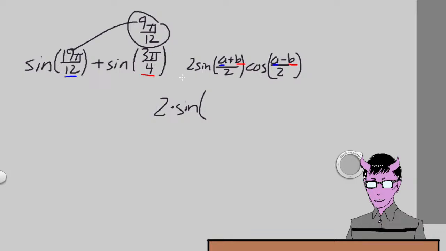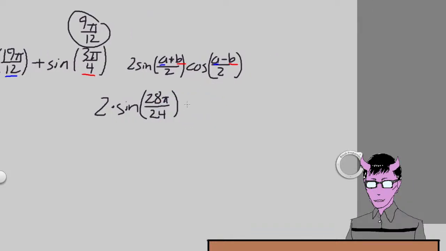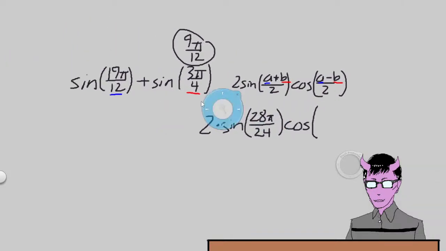So 19 plus 9 is 28 over 12, but don't forget to divide by the 2. So over 24. Close parentheticals, and then next one, cosine. We now have a difference between those two. So 19 minus 9 is 10.